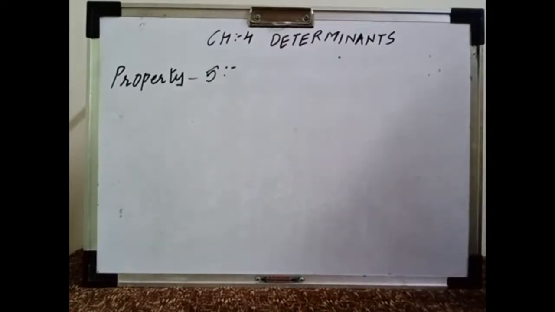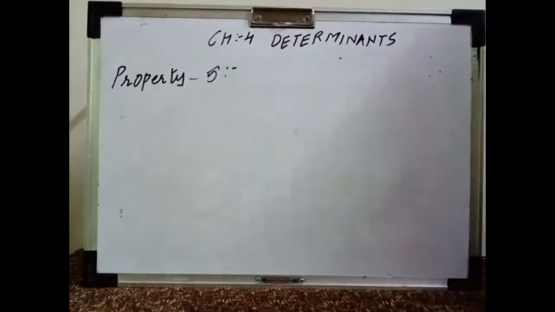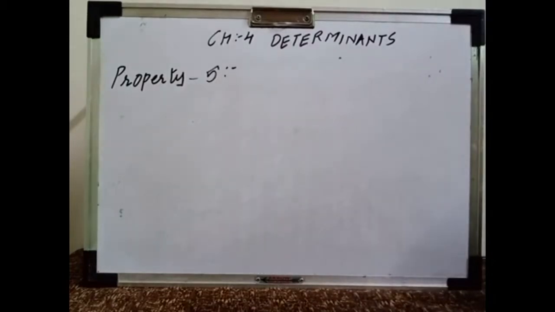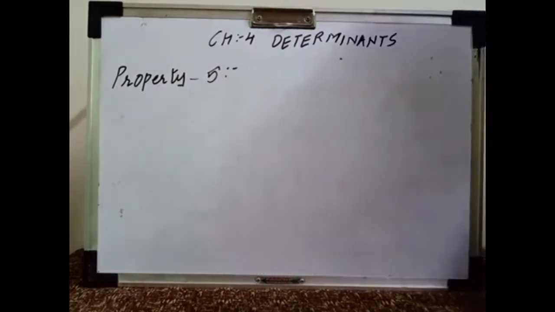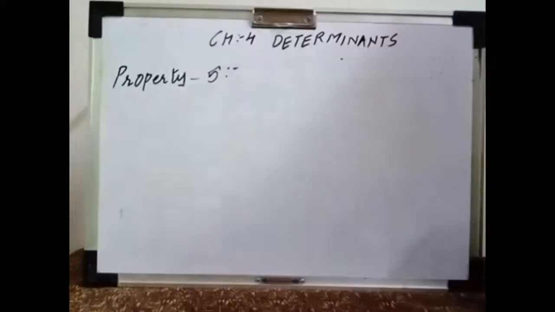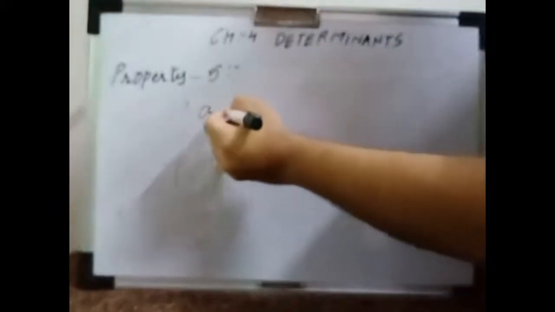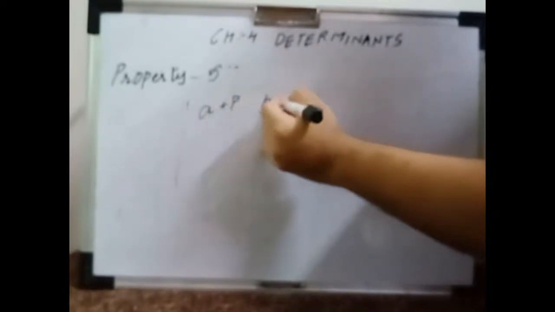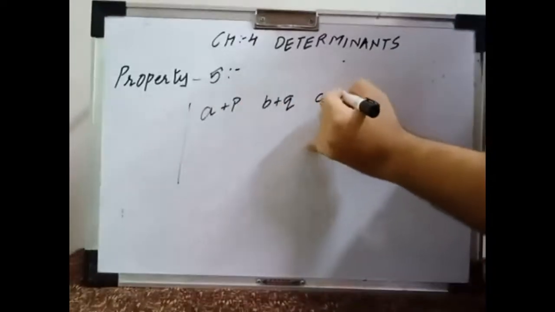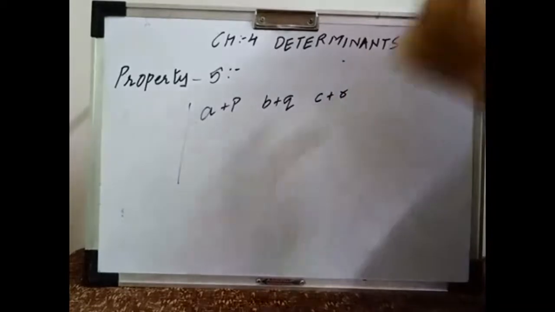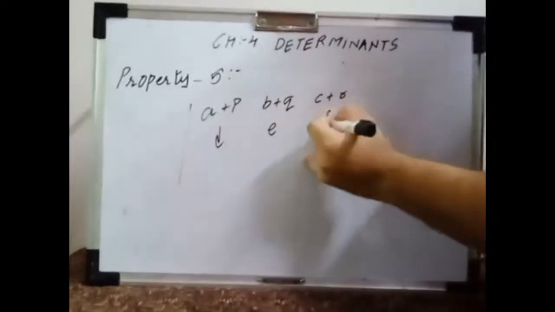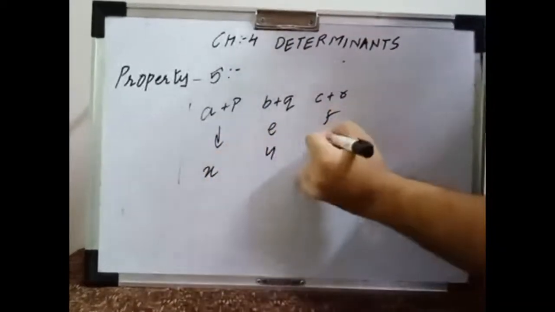Let's understand the fifth property. The fifth property deals with the splitting of a determinant. Suppose the determinant is written in this form: a plus p, b plus q, c plus r, d e f, x y z.